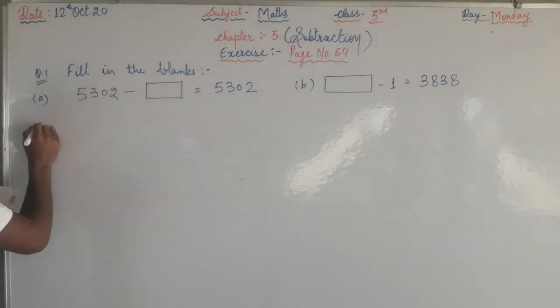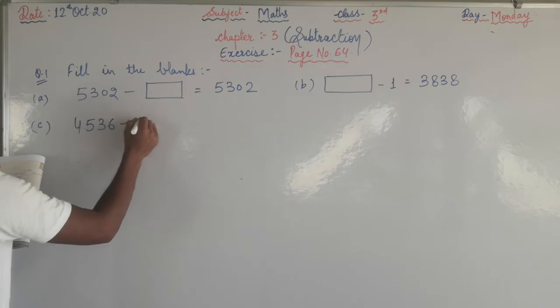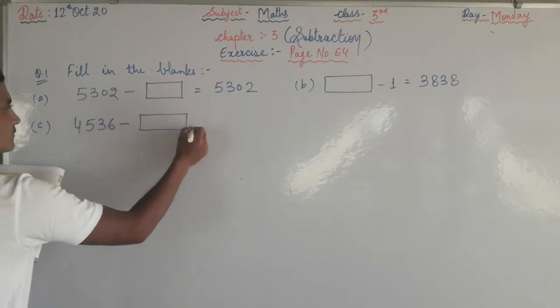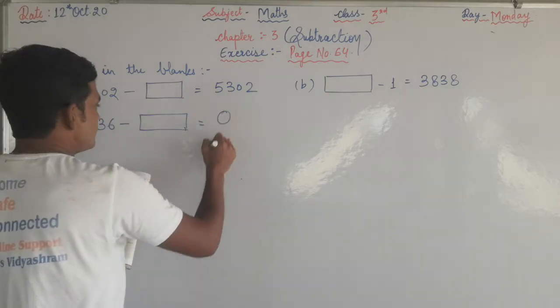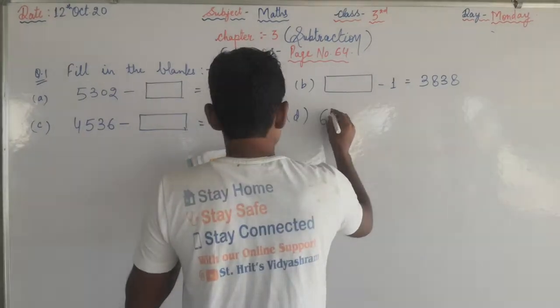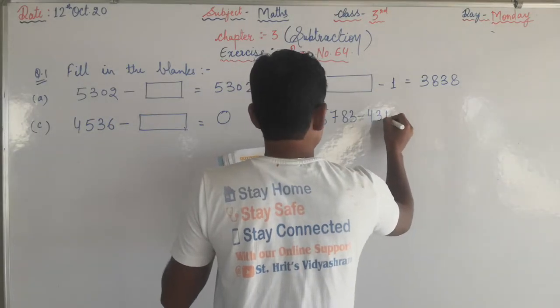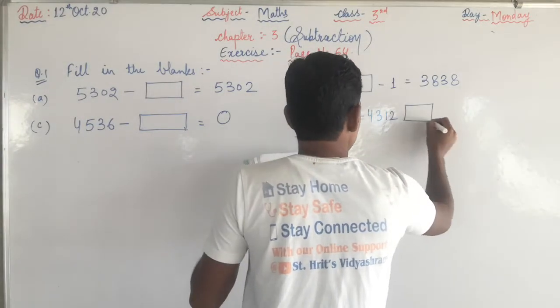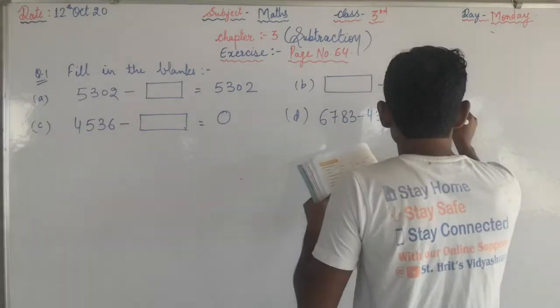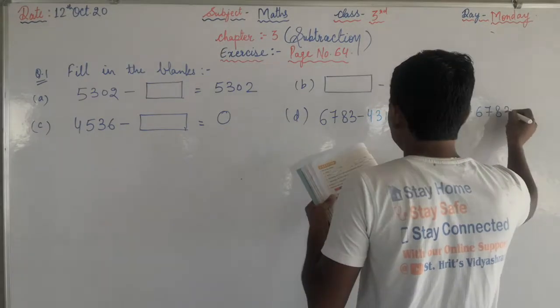See part C: 4536 minus blank, answer is 0. Part D: 6783 minus 4312, and 4312 minus 6783.